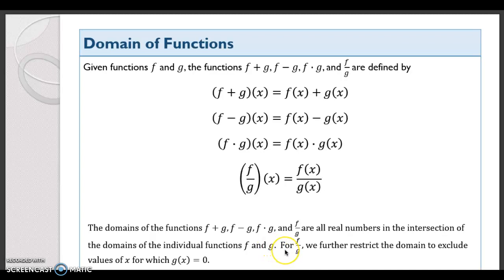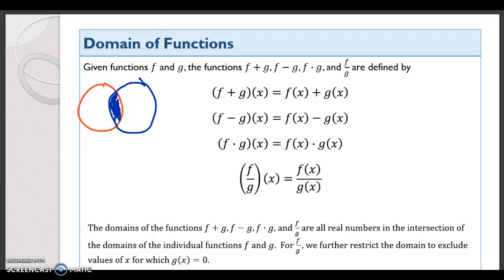So if we were to draw what the intersection looks like, if we have one domain and another domain, it's where they intersect or where they're in common. All right.